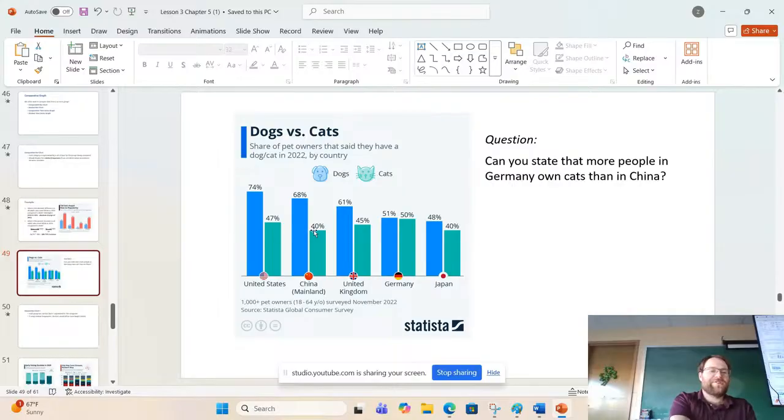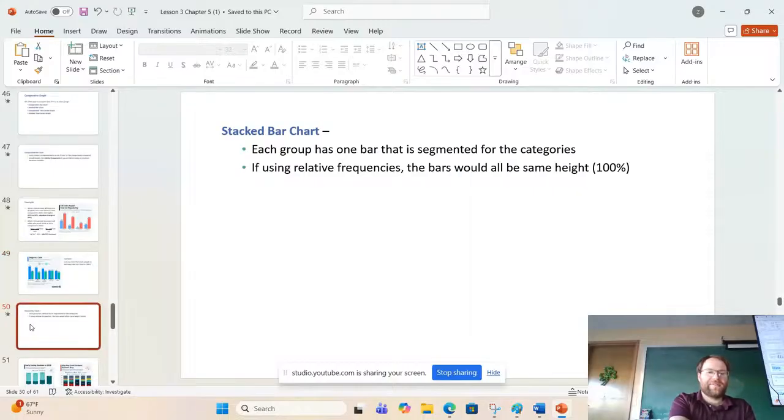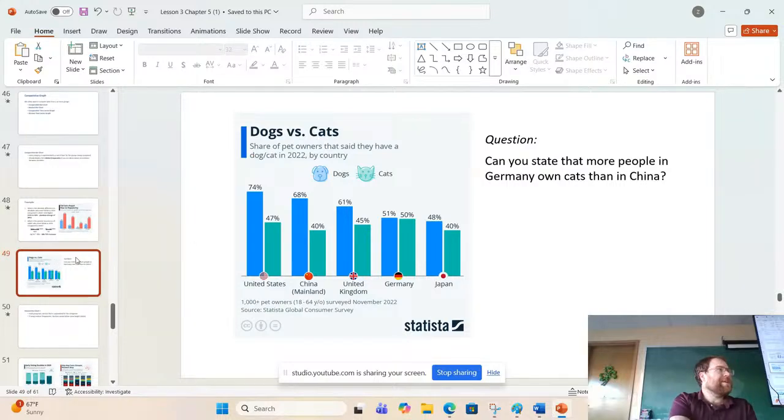But because China and Germany have very different populations, we would need more information in order to say that, is the idea. Any questions about that?